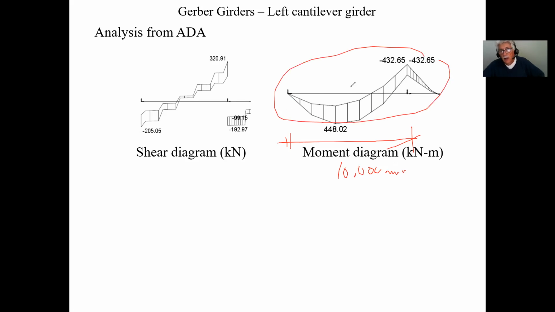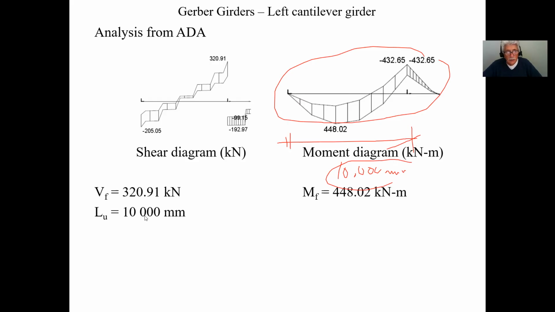I no longer have a lot of support for elements that are in compression, therefore my LU. Now, you can shorten the LU, okay? So MF is that, okay? LU is that, okay?